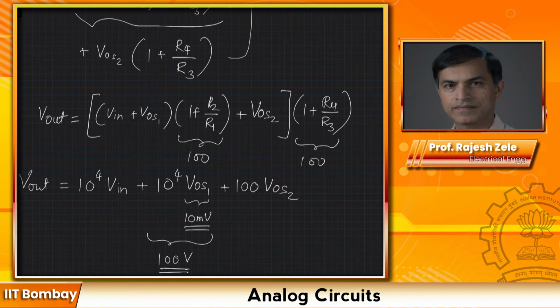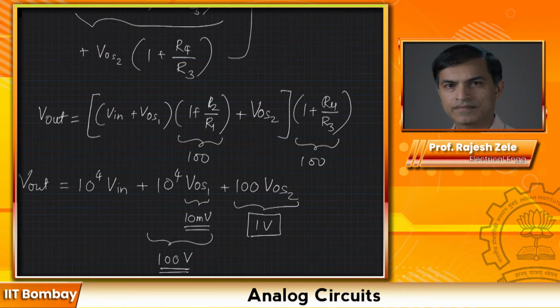It will get clipped one way or the other, and this part will be equal to 100 times VOS2, which is, let's say if it was 10 millivolts, and it could be some random direction, it could be plus minus whatever. So we are only going to look at the kind of magnitude, not the sign of the contribution due to offset voltage. So in this particular case it would be 10 millivolts multiplied by 100, which is 1 volt.